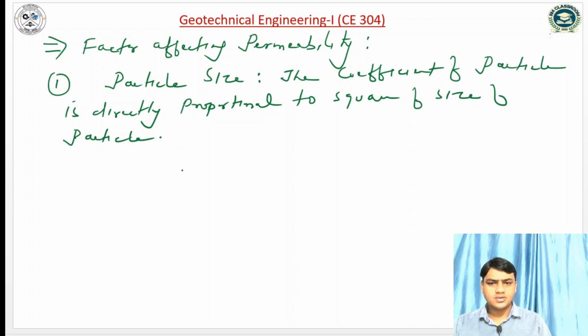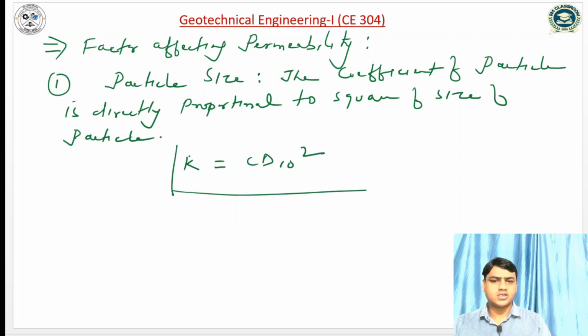We have seen the indirect formula K is equal to C d10 square. So here we can see that the coefficient of permeability is directly proportional to the square of the effective size of the particle.